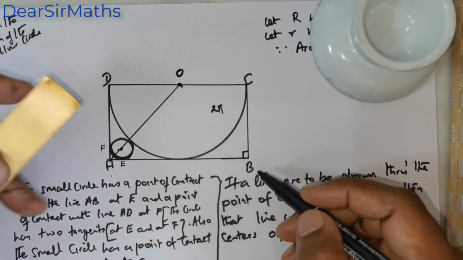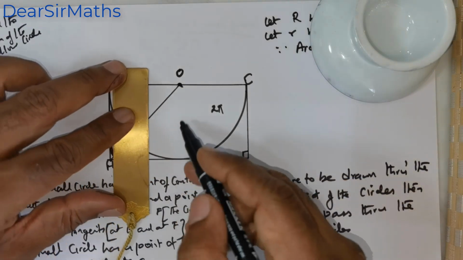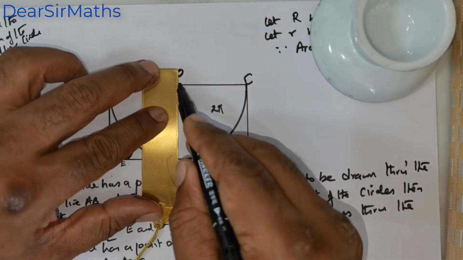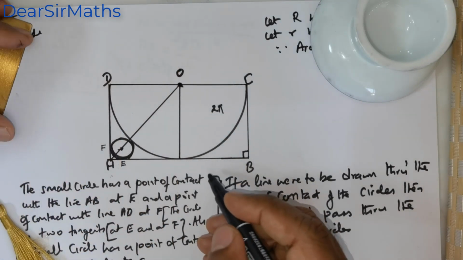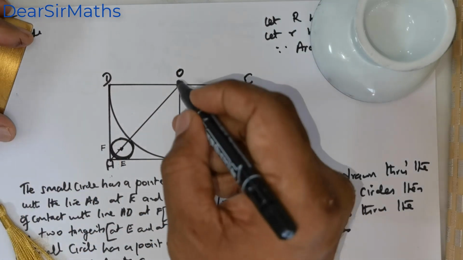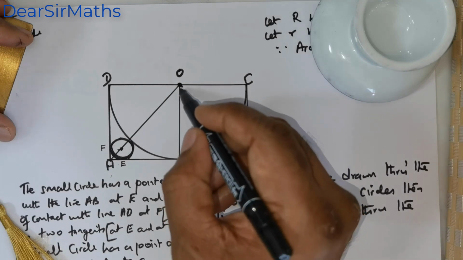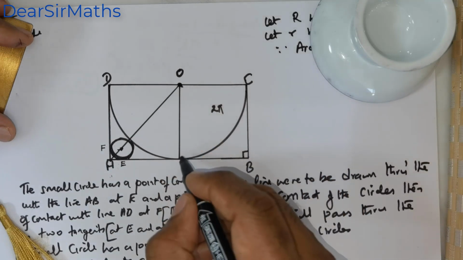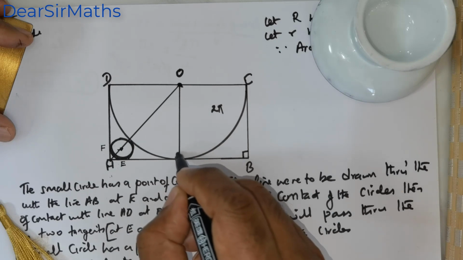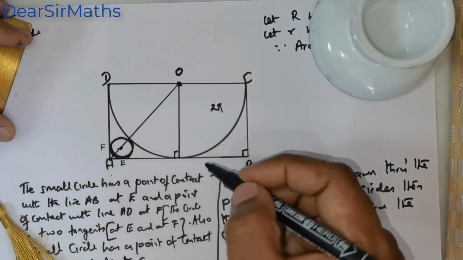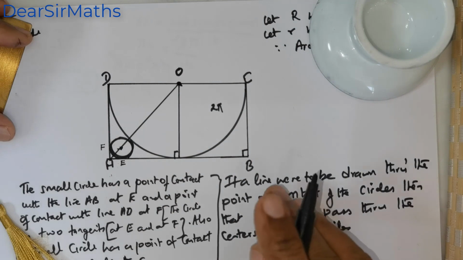Now what I wish to do is drop a perpendicular from O to the point of tangency, right? By theorem, if I draw a line from the center to the point of tangency, that makes an angle of 90 degrees. So this is actually a 90 degree angle. Okay, fair enough.